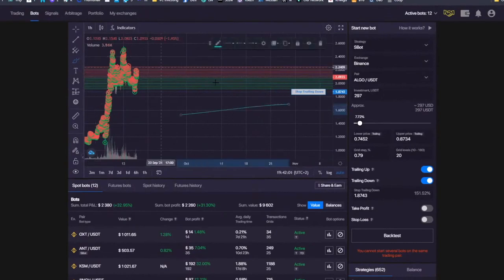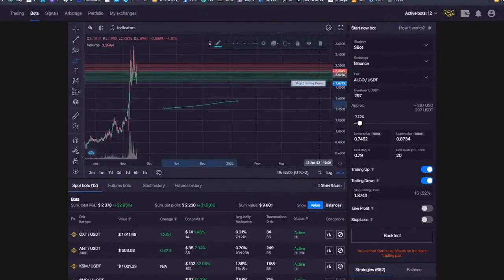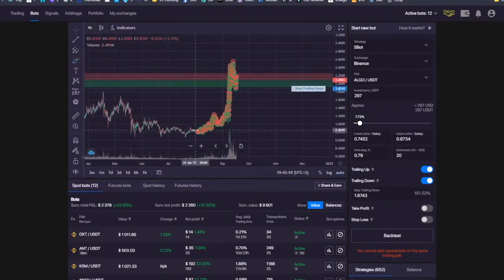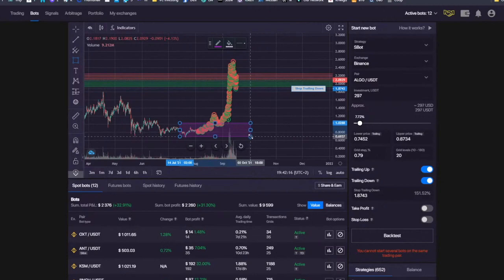As you can see, the whole story started in this area. Back then the price was 0.86, so the trading range was, I think, around this area.